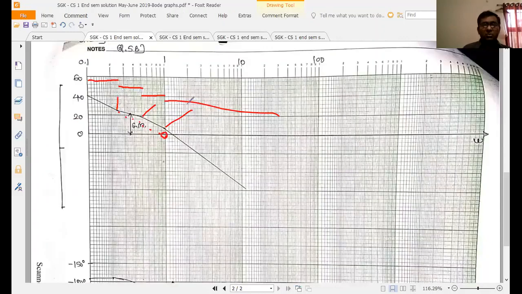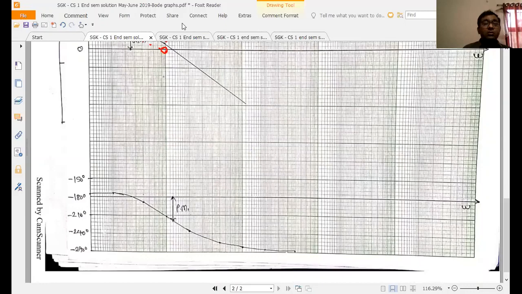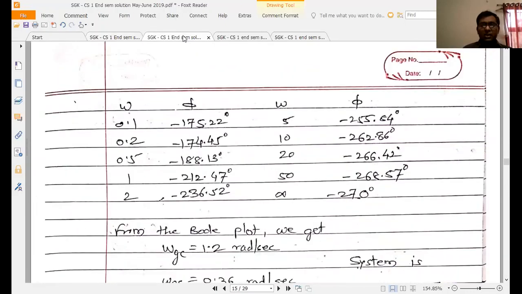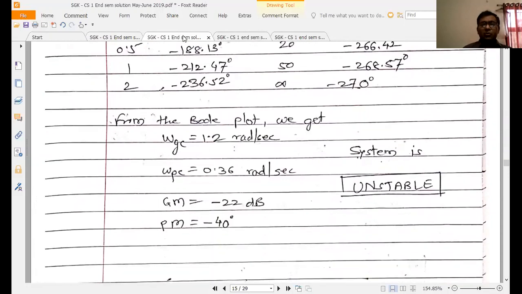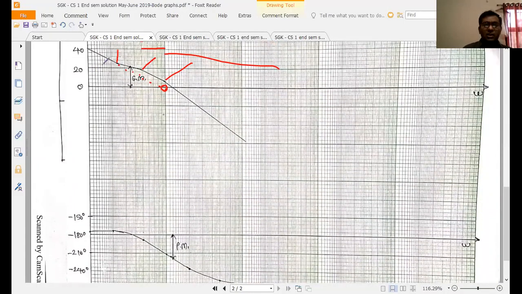Something remains from this graph, what we have to find out. Once we plot both these graphs, what is asked? Of course, we have to find out omega GC, omega PC, GM, and PM. So what is omega GC? Omega GC is where the gain plot or the magnitude plot crosses the 0 dB line.